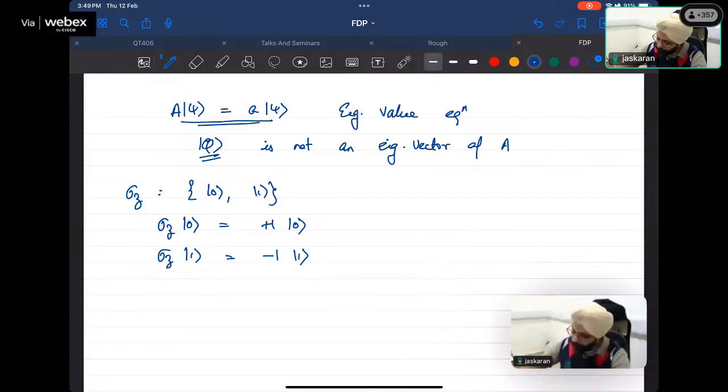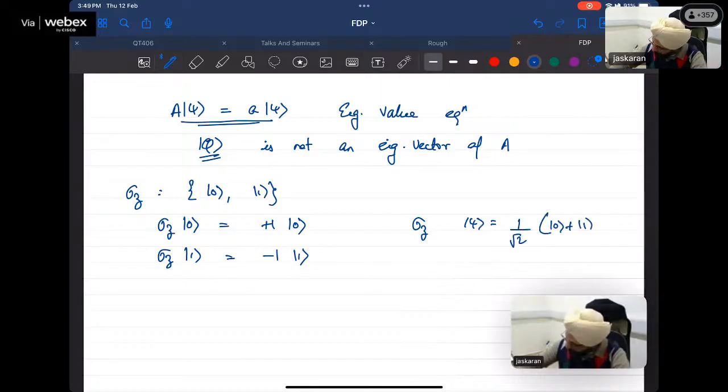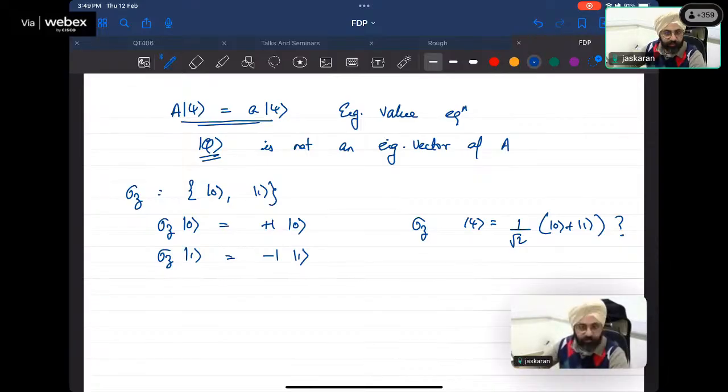But what if I want to implement a measurement of sigma z on a superposition state? How do I do that then? This state is not an eigenvector of sigma z. However, we also know that if I were to implement a measurement of sigma z on this state, I will get outcome 0 with probability half and outcome 1 with probability half. So where did that knowledge come from?